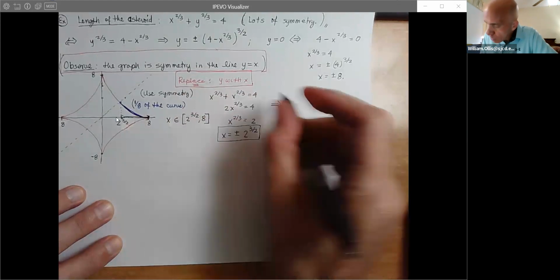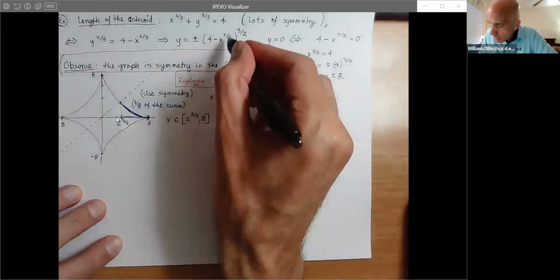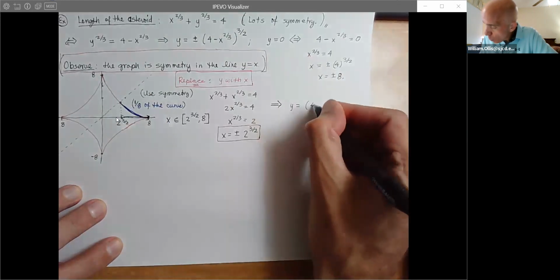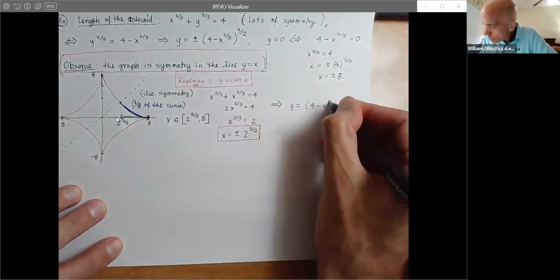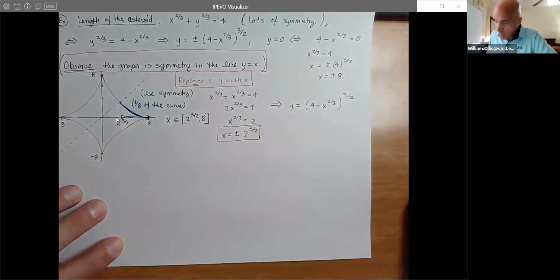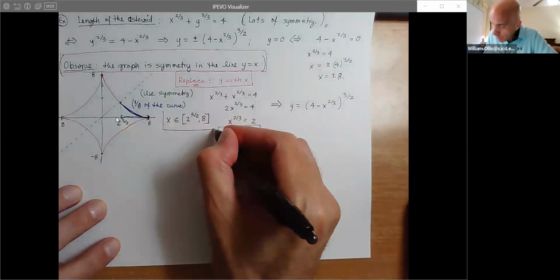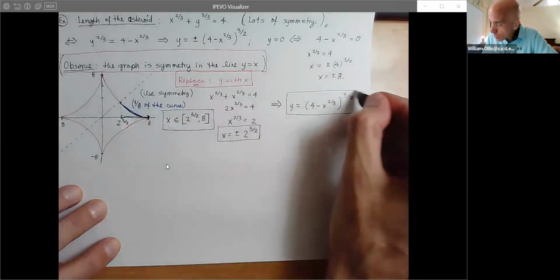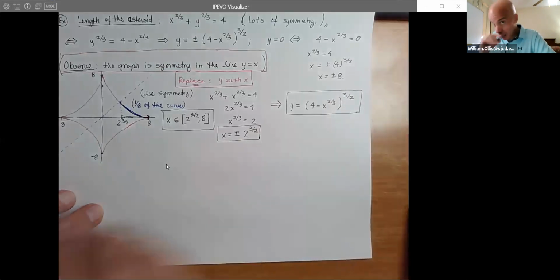And then we'll take the positive curve, y equals 4 minus x to the 2/3 raised to the 3 halves. So now we have this interval of integration, and we have this function whose length we need to figure out.